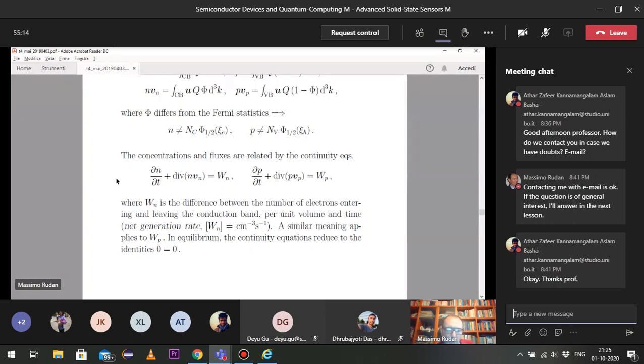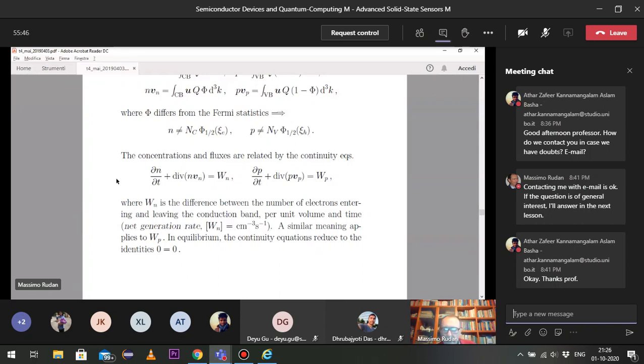This is also called the detailed balance condition. Okay, Wn and Wp are individually equal to 0 at equilibrium. So at this point, we must consider these two continuity equations as two additional equations that must be used when we are in the non-equilibrium condition.